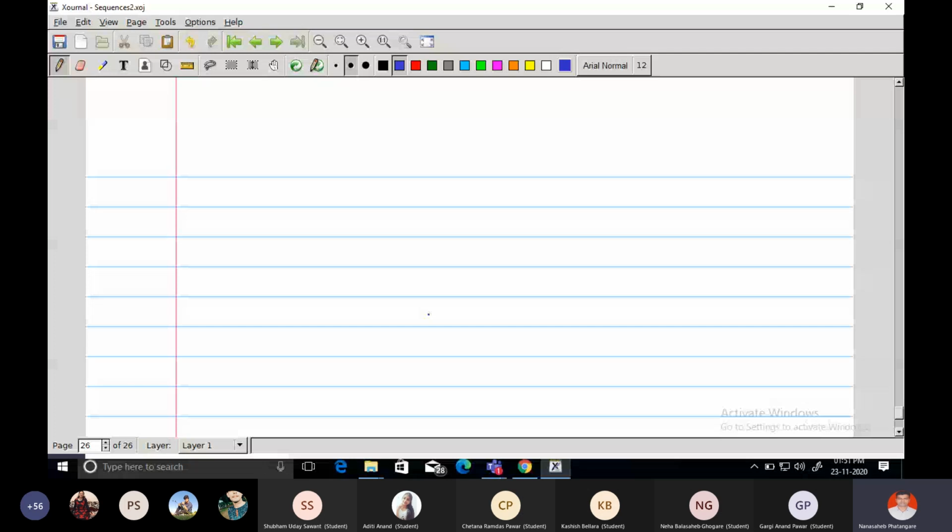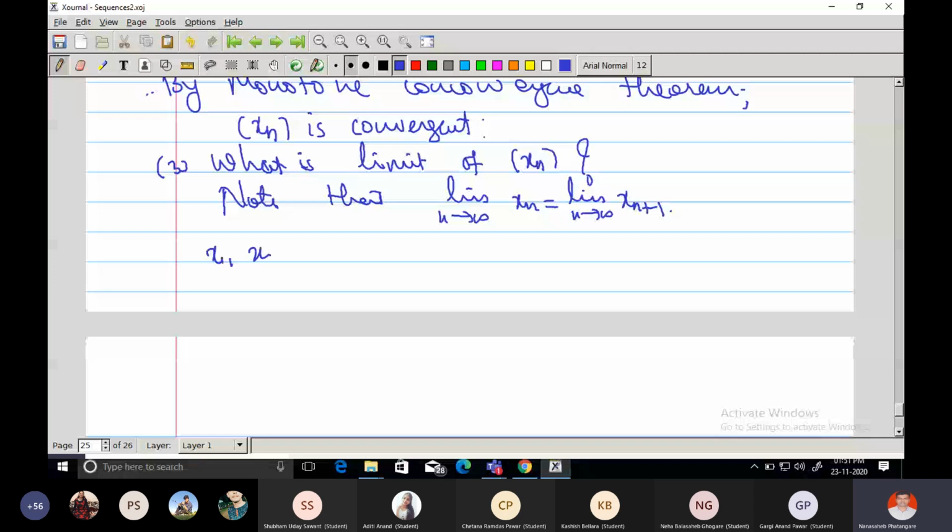Yes, and it is not difficult to see, because x1, x2 and so on, xn plus 1. When I say the limit as n tends to infinity of xn, I am just going to the next terms, and where it tends. And when I say xn plus 1, it is just one step ahead, right? xn plus 1 is one step ahead of xn, but ultimately the sequence is the same, so the terms are the same.